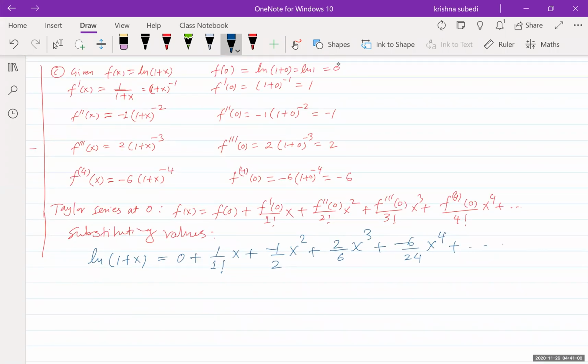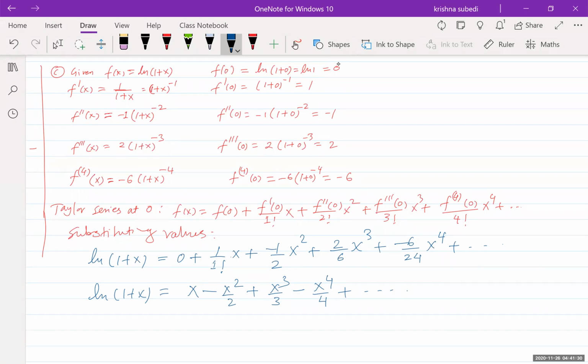This looks a little ugly. Let us simplify it. Okay, so we're going to get here only x, minus, the second term will be x squared over 2, the third term will be x cubed over 3, fourth term will be x to the power 4 over 4. So it goes like that. What I'm saying is ln(1 plus x), the logarithmic function, we convert it into a polynomial function.